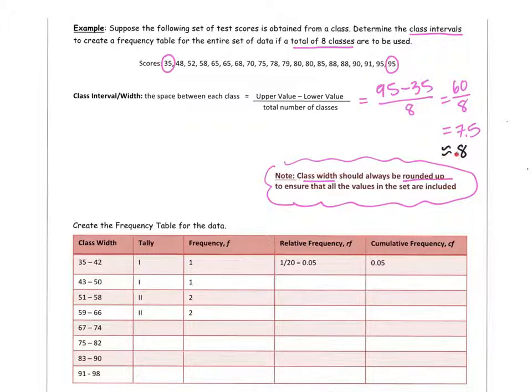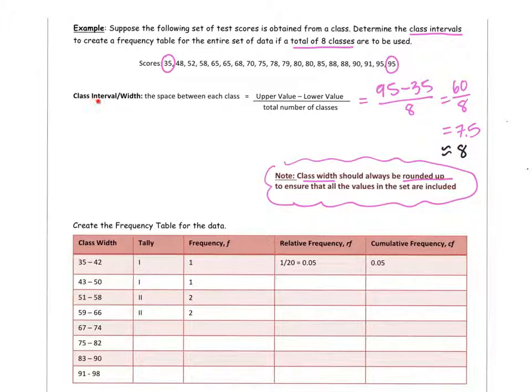When you round, you use this sign to say that it's approximately 8, or about 8. So if you have a decimal number, you always round up. Even if this was 7.1, you would still round up, no matter how small. The only time you don't have to round up is if it was 7.0, and that was it. Then it could stay at 7.